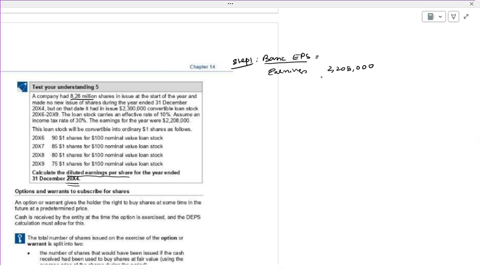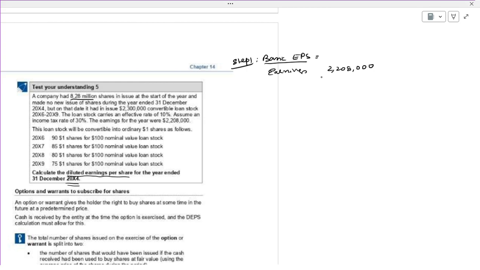Do they have to pay interest on the 2.3 million? They have 8.2 million shares in issue at the year end, and no issue has been made during the year. But on 31st December, they issued 2.3 million convertible bonds, 2006 to 2009.